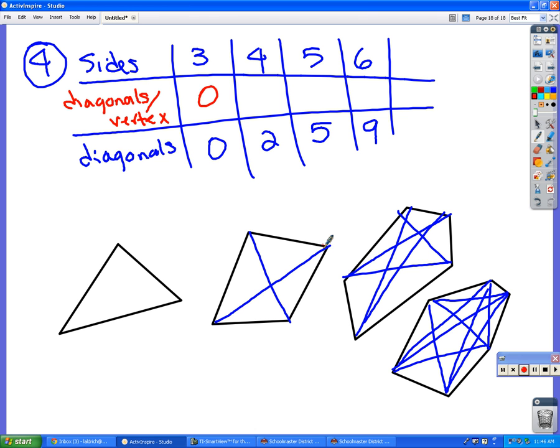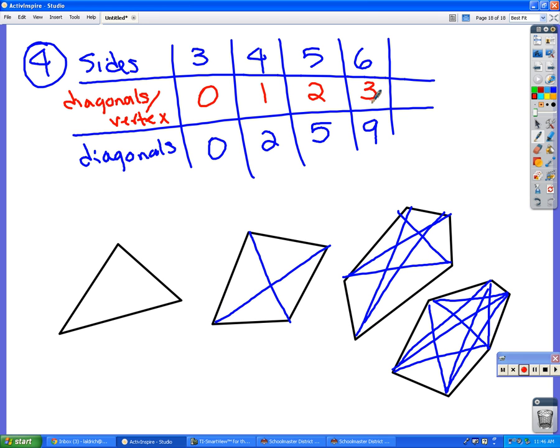How many diagonals are coming out of each corner here? 1. And how many come out of each corner here? 2. And so that's nice because that is a very easy pattern. How many come out from each one right here? 3. Okay.